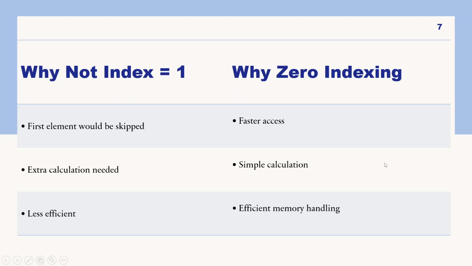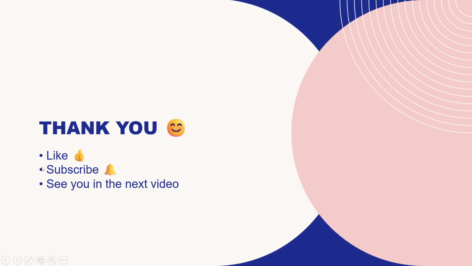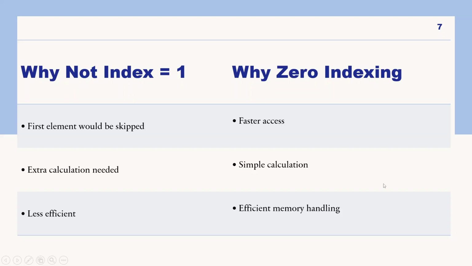That's why the array index always starts from 0, because the index represents the distance from the starting address and the distance of the first element is 0.